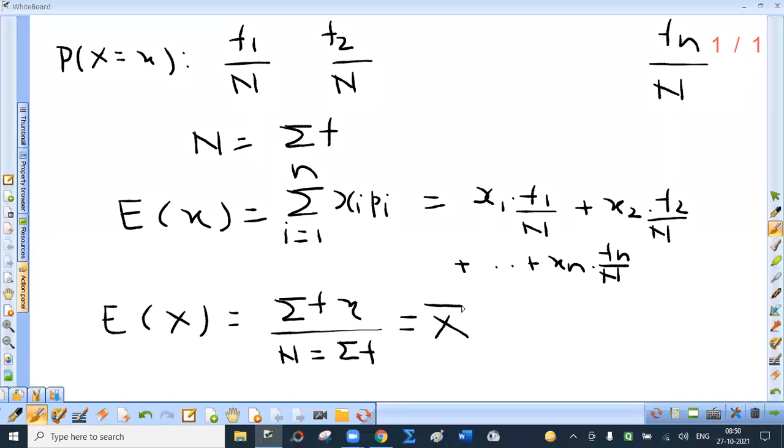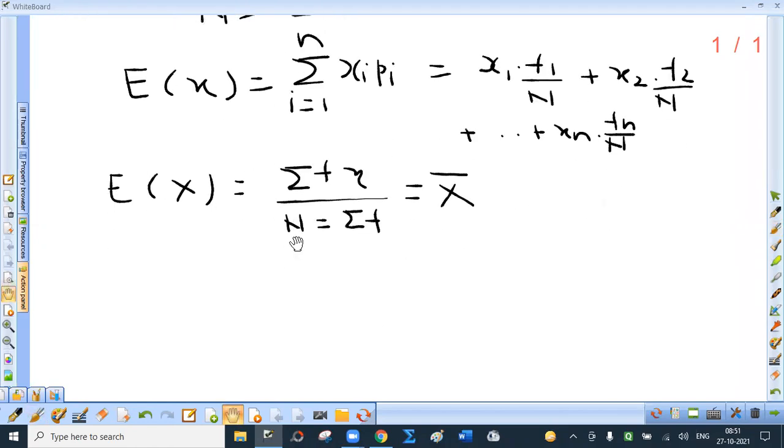I don't think this proof will be asked in the exam, but if you know the proof, the result can be remembered easily. So expected value, also called mathematical expectation or simply expectation, is nothing but the mean of the random variable.